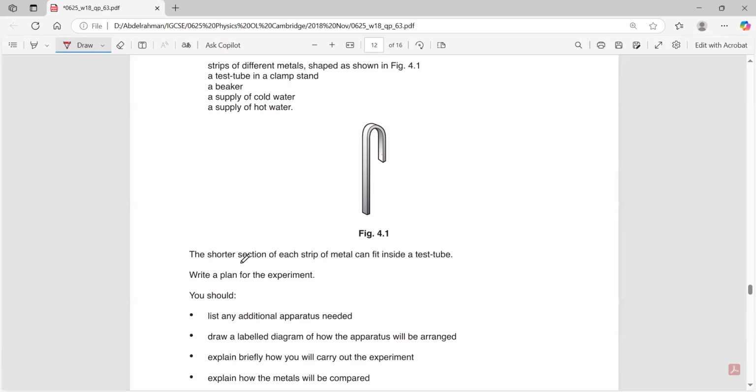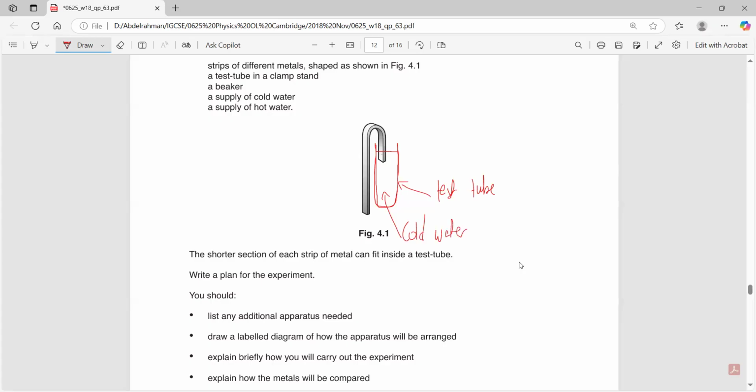He said that the shorter section can fit inside the test tube. So we will draw the test tube here. This is the test tube, which has cold water.